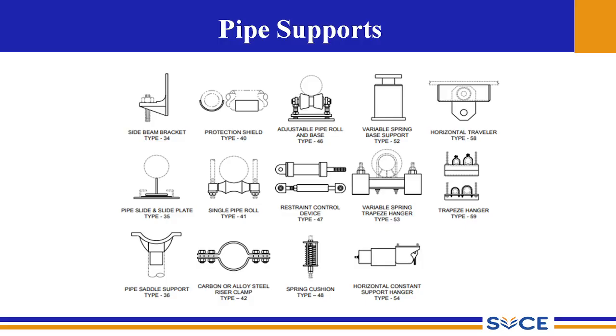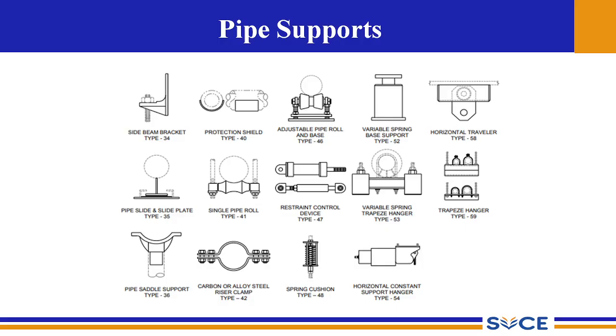But here we do not have a proper base, but instead it is supported by two straps which may be attached to some civil structure. So these trapeze hangers can support pipelines of different diameters, and it is a hanging support which will be attached to a civil structure, and it can support variable diameters of the pipeline.